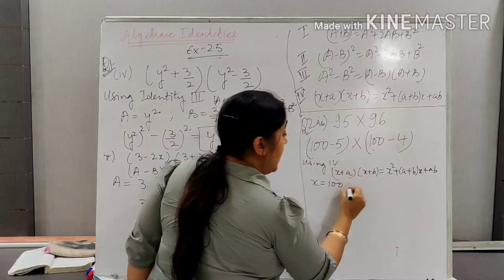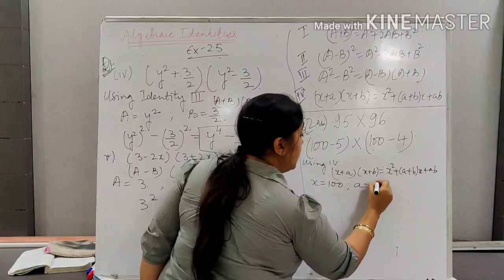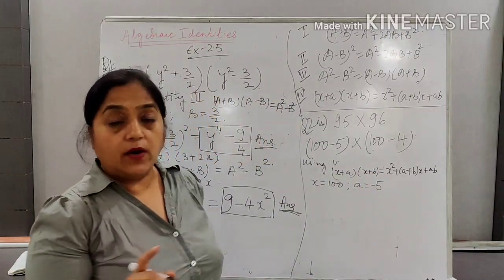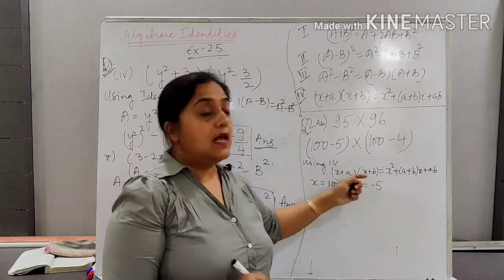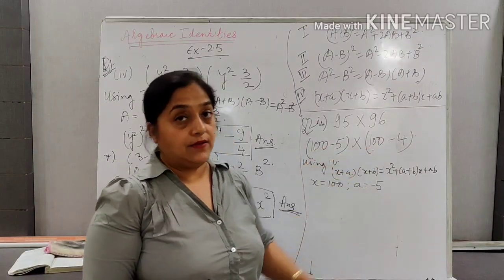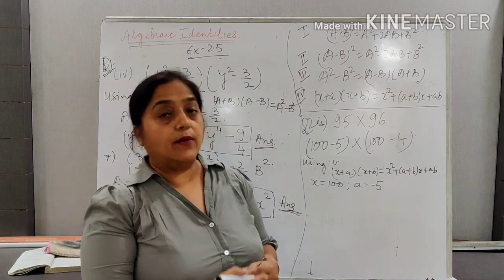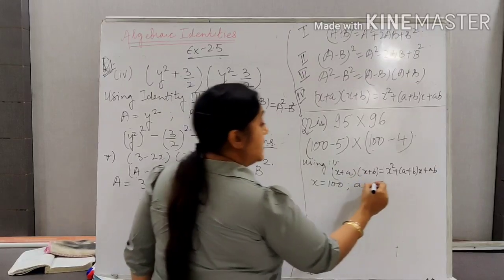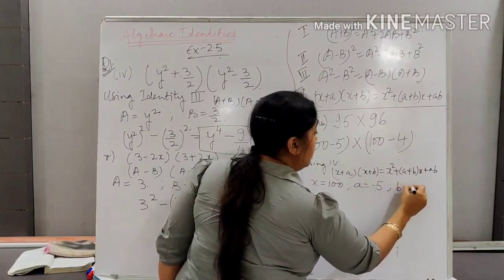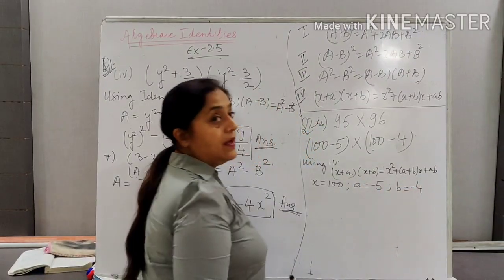So what will be my A? My A will be minus 5 here. It will not be plus 5, because my identity contains the positive signs and the question contains the negative sign. So I have to convert the question into the identity itself. So A is minus 5. Similarly, here B is minus 4. Right?